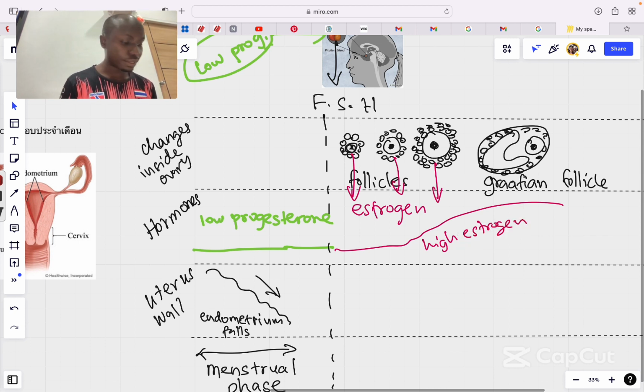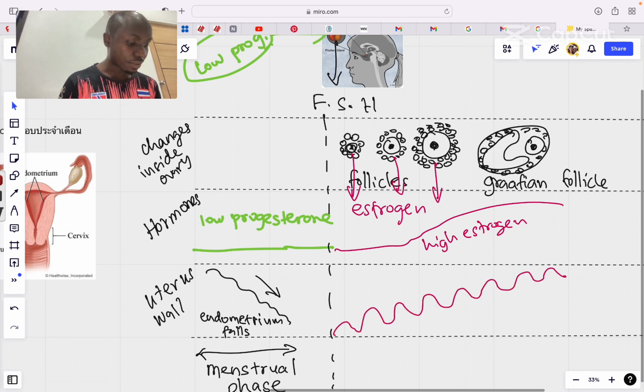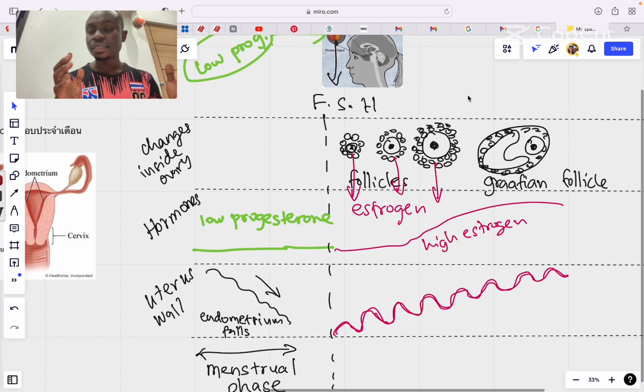Now, when the estrogen level is going up, what will happen to the wall of the uterus? The wall will start to get thicker. Why does it get thicker? Because it's getting ready for a baby. Maybe there will be a baby in the future, right?